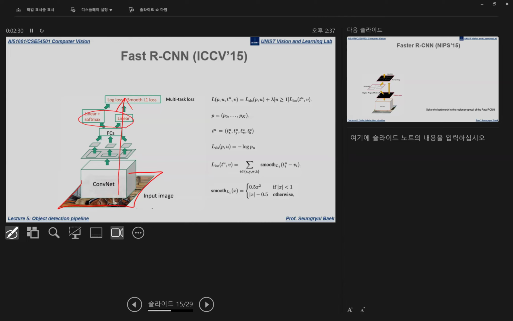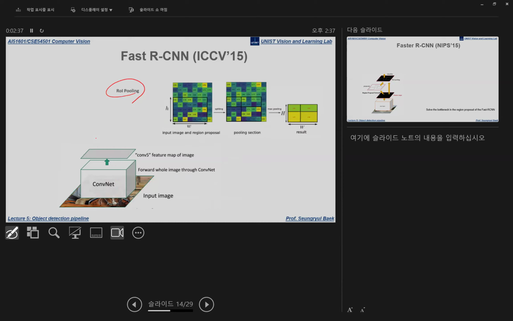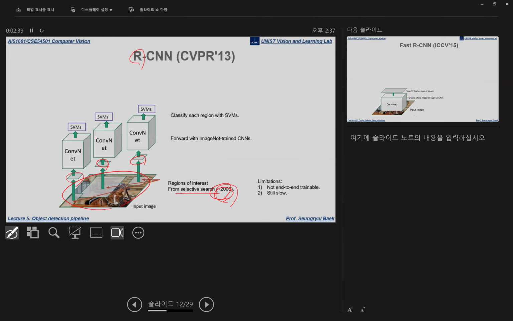So now the architecture is end-to-end trainable, and we can train it. But previously in RCNN, the part applying the selective search algorithm and extracting the patches was not differentiable. So it was not end-to-end trainable.